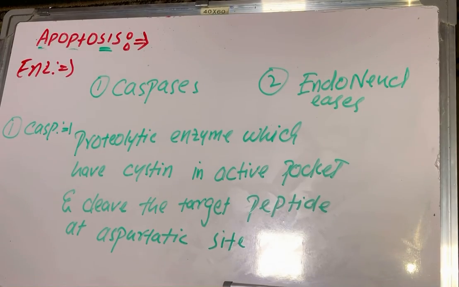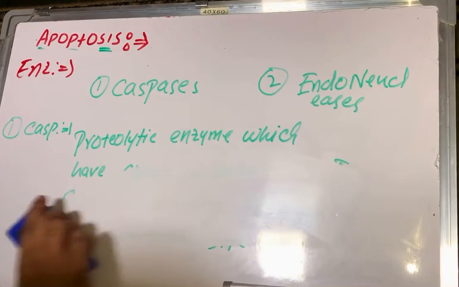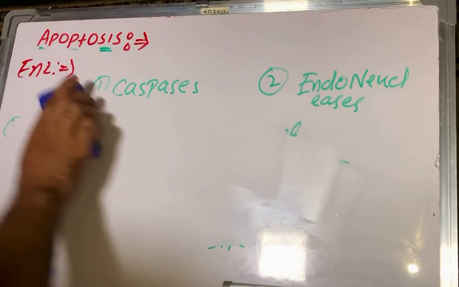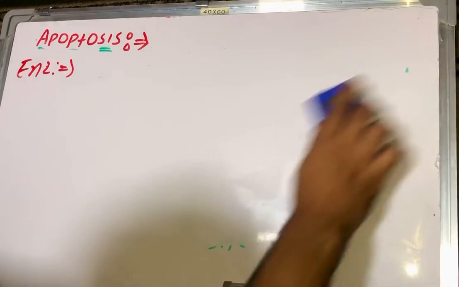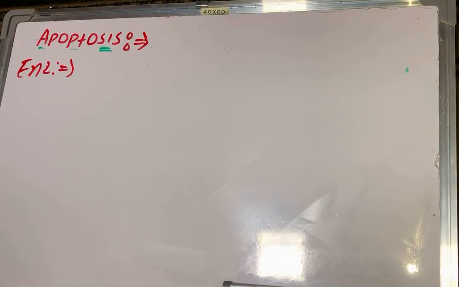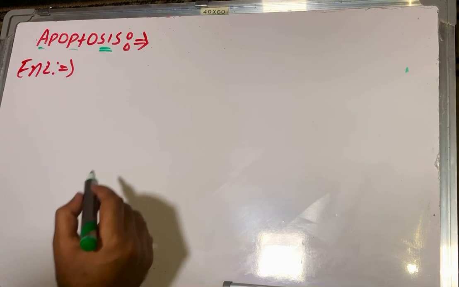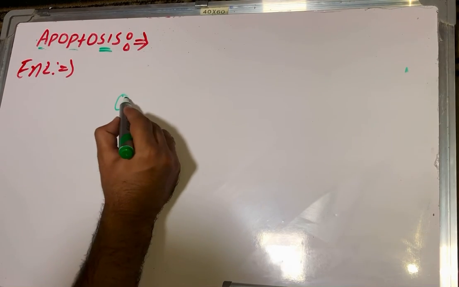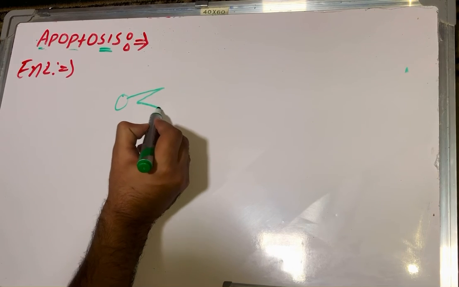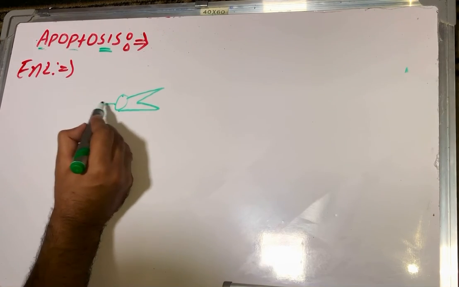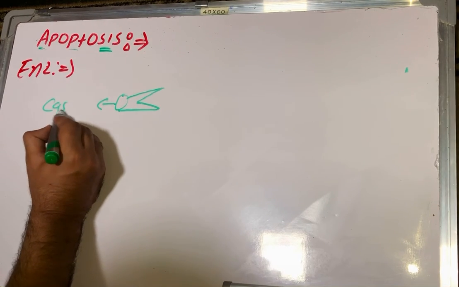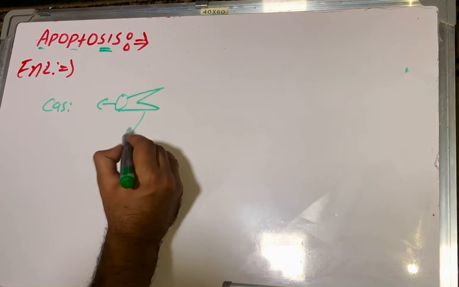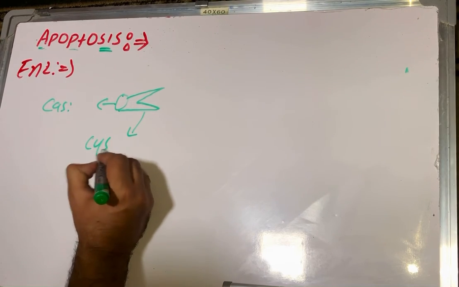What is meant by this? For example, this is caspase, and it has an amino acid called cysteine.